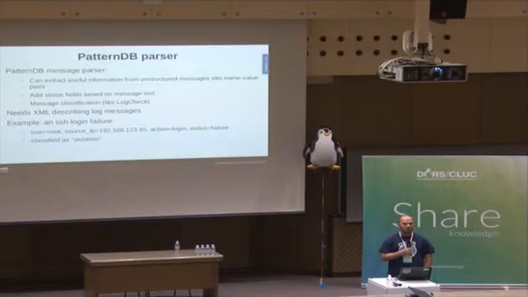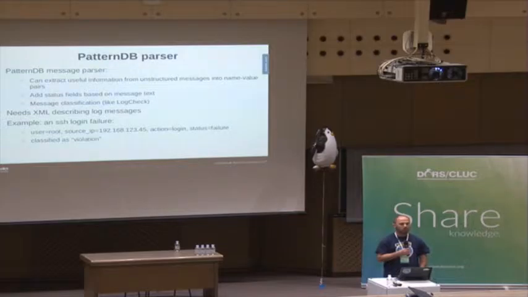The most interesting parser is the pattern DB parser, as this one can extract useful information from unstructured log messages into name value pairs, and it can also add fields based on the message text.